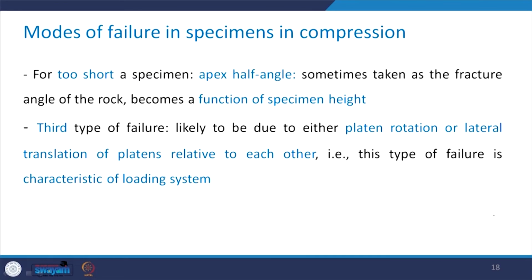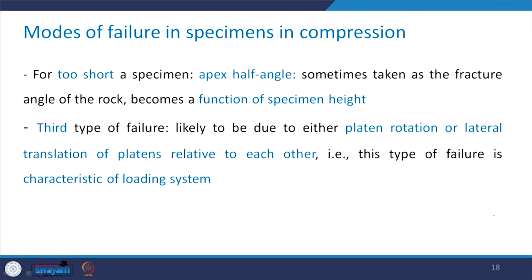So, the first mode of failure is the most common one. The second one will happen only if you have removed the end constraints, and the third one is the characteristic of the loading system.